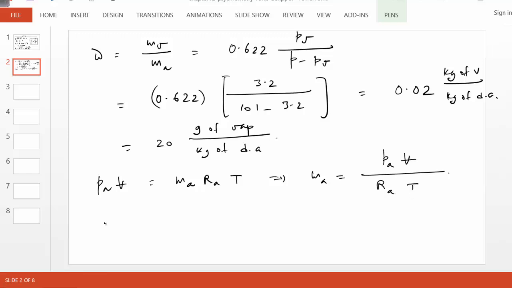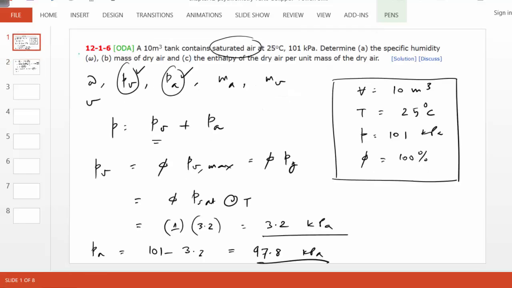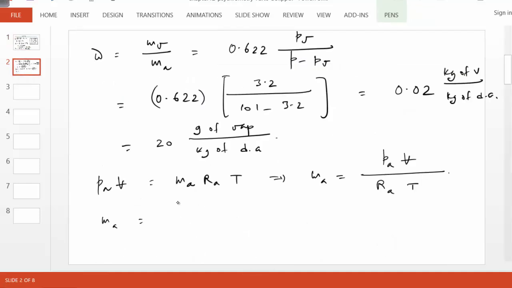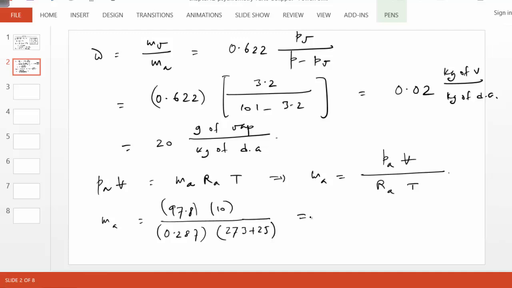Substituting the values, we already figured out the pressure of dry air in the previous section, 97.8, volume 10 meter cube, 0.287 is RA, and temperature is 25 degrees Celsius, which is 273 plus 25 Kelvin, and that turns out to be about 11.44 kg.